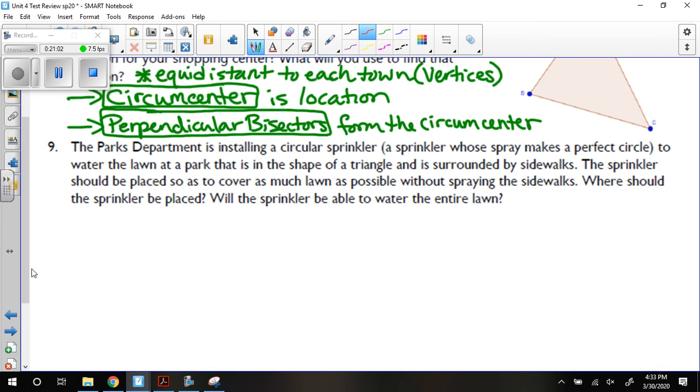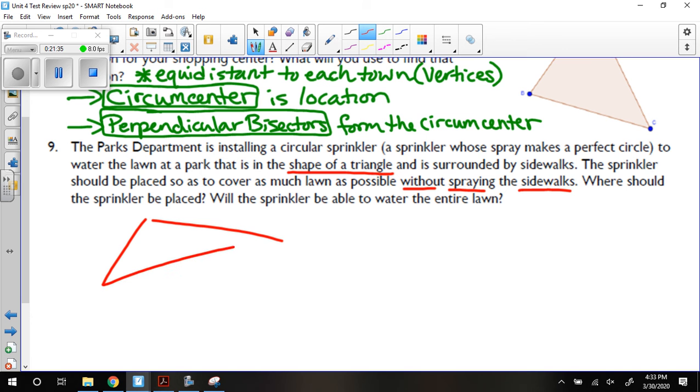The Parks Department is installing a circular sprinkler, a sprinkler whose spray makes the perfect circle, to water the lawn at a park that is in the shape of a triangle. It is surrounded by sidewalks. The sprinkler should be placed so that it covers as much lawn as possible without spraying the sidewalks. So the circle has to be completely inside the triangle that's made by those sidewalks.